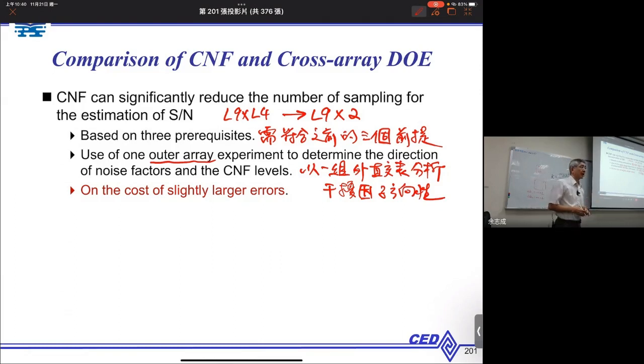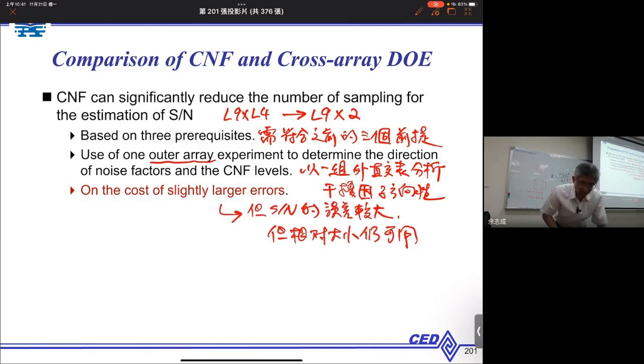But there are some drawbacks. The estimation is not accurate compared with the outer array. The outer array will give a more accurate estimation of SN ratio, but it's too expensive. Outer array, too many experiments. Compound noise, cheaper, only 2 experiments. But the price of the cheap experiment is larger error.